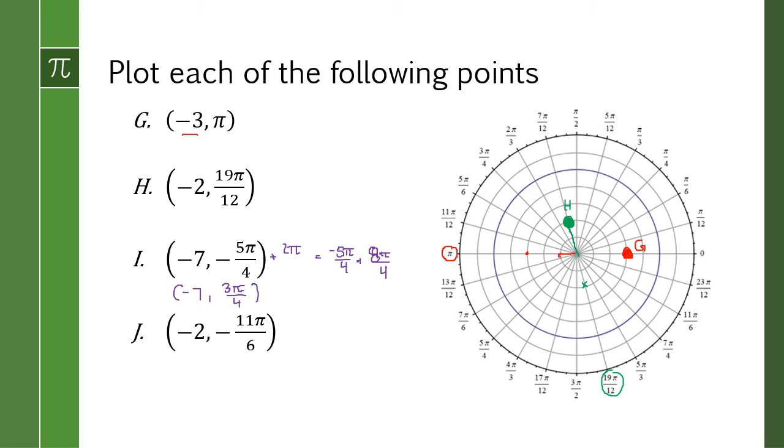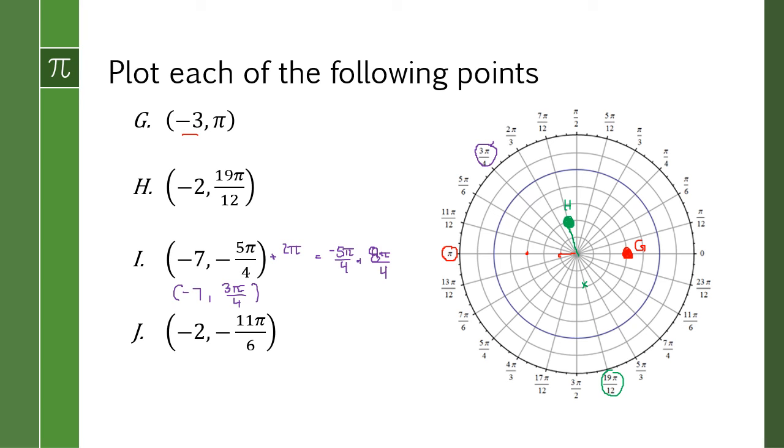So if the angle is negative, deal with that first, add 2 pi to get a positive angle. Because now we can find this. 3 pi over 4 is an angle that's on my graph. It is right there. And now for the radius or the distance. My radius is negative 7.